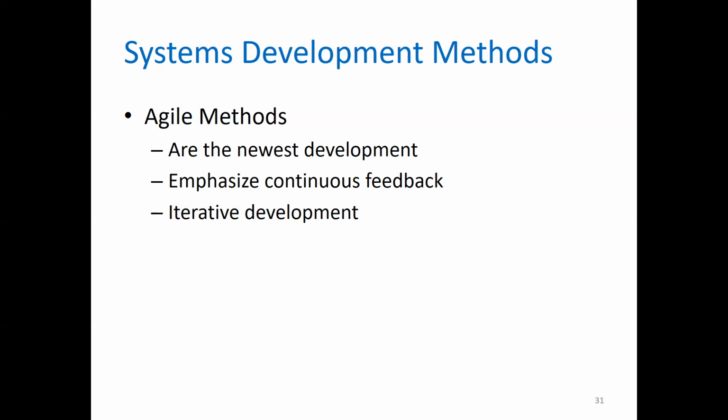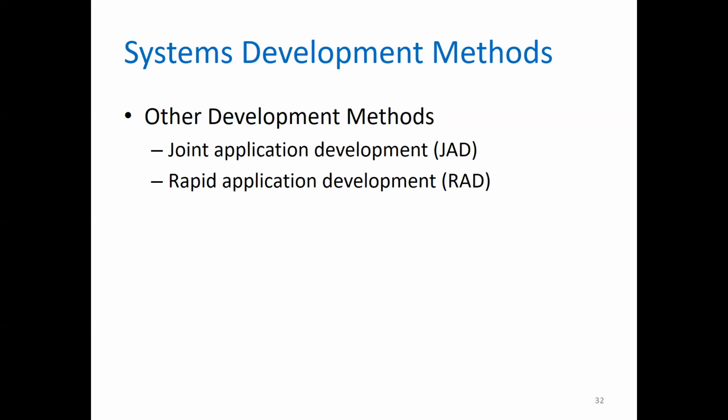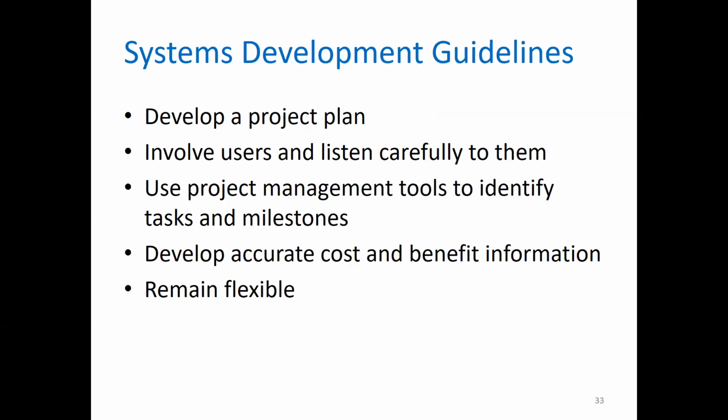The cons or disadvantages may include limited documentation and changing documentation, fragmented output, organization of production into different stages, no finite end, and it is difficult to measure. Other development methods include JAD and RAD, joint application development and rapid application development, which will be discussed more broadly in the next few lectures in weeks to come.